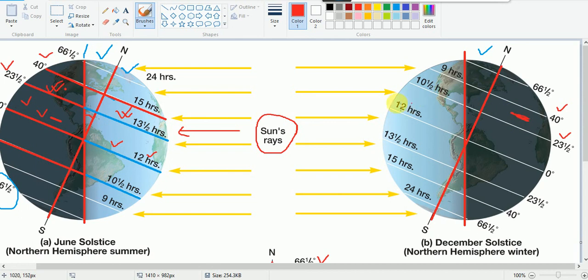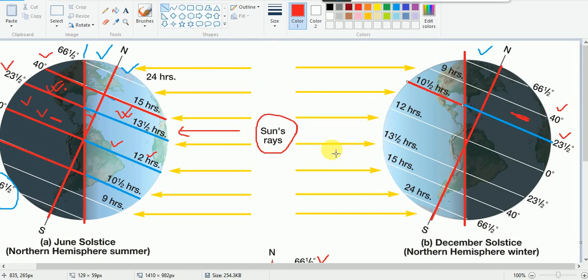When we are in the winter season, we get a longer nighttime and a shorter daytime, so we have these 10 hours 30 minutes daytime.